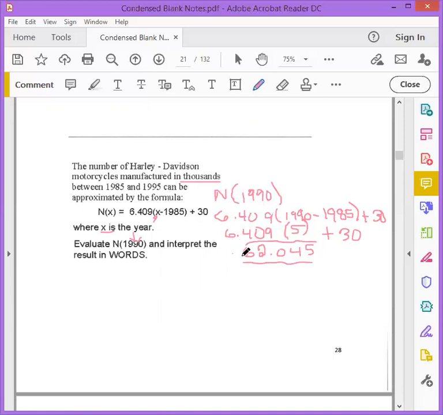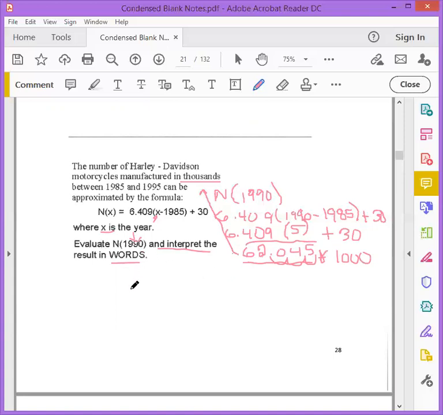Now what that 62.045 represents is the number of Harley-Davidson motorcycles in thousands. So the 62.045 is in thousands, and when we go to interpret this in words, we want to represent it accurately. So 62.045 thousands, we have to multiply that times 1,000, or move the decimal point 3 places to the right. So how many motorcycles does this represent?